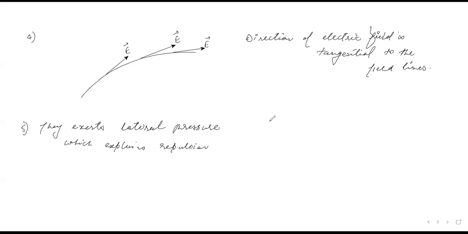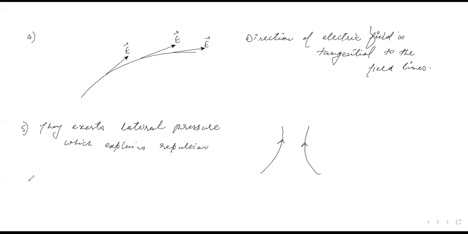Suppose there are two field lines for the same type of charge, the same nature of charge, then they repel each other just like this. We can also say they exert pressure on each other.